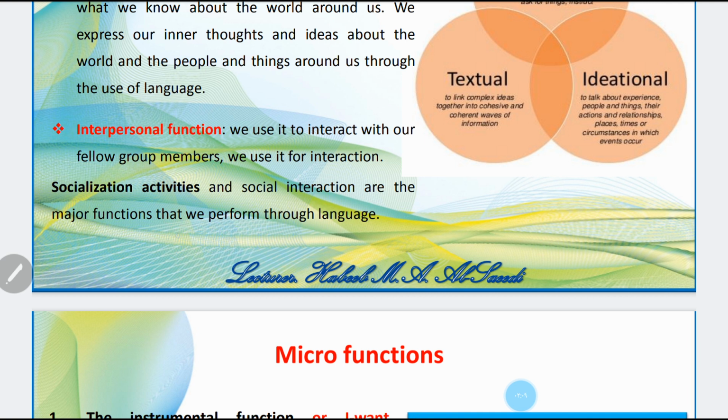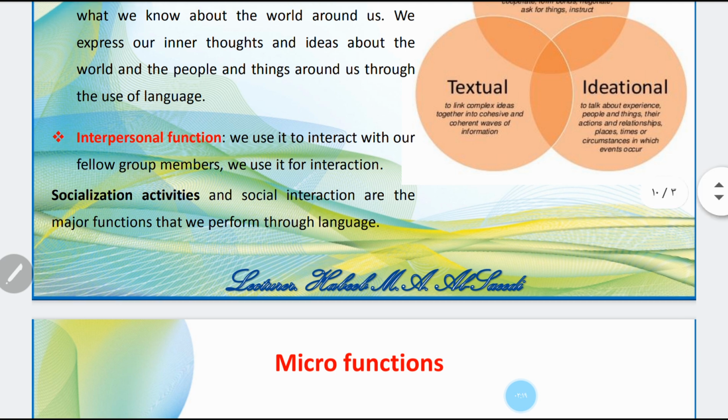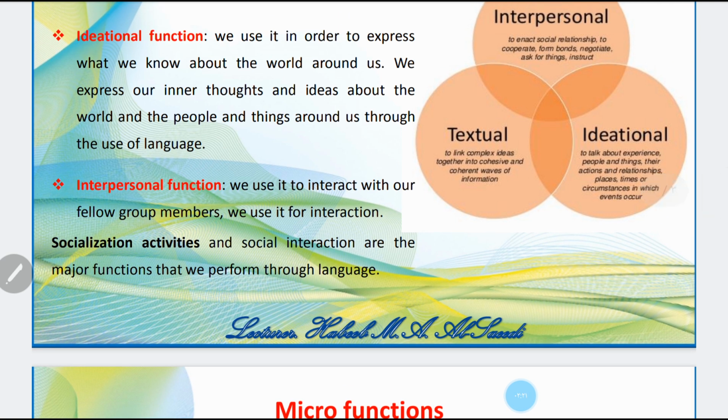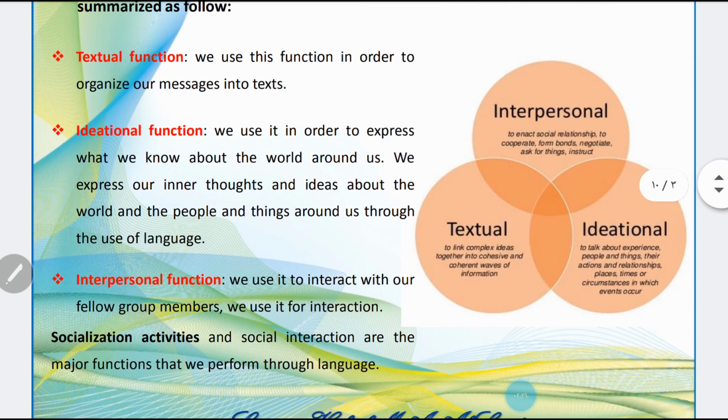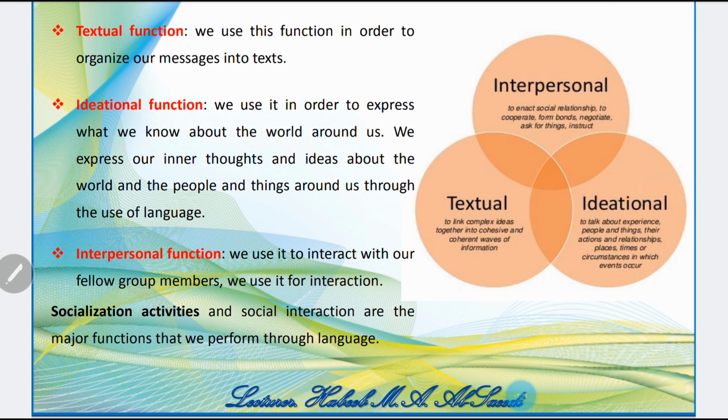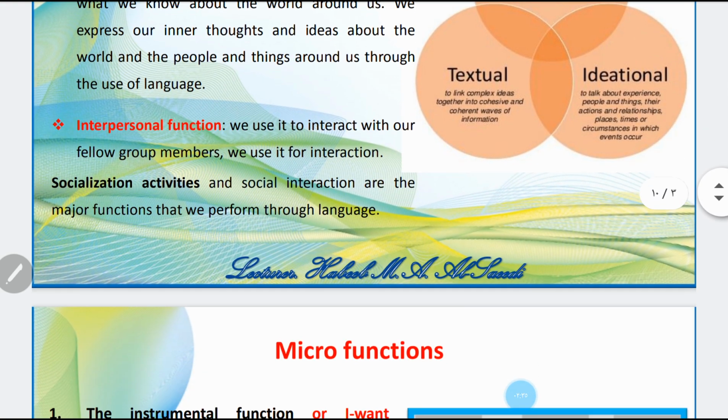So socialization activities and social interaction are the major functions that we perform through language. The most important thing that we perform through language is socialization: make friends, communicate with others, interact with them. So the most important function of language is the interpersonal function. So these are the macro functions, three functions.